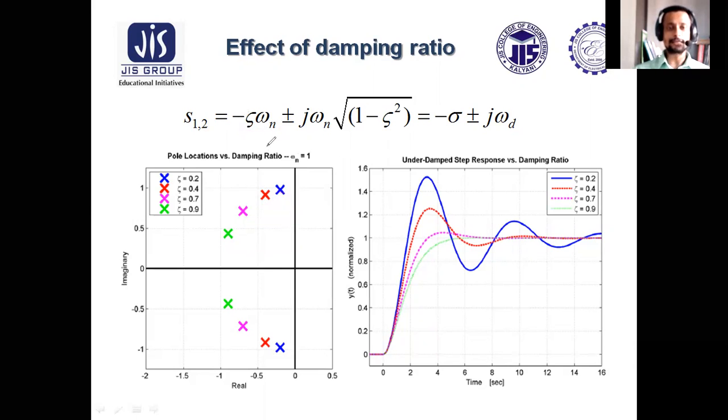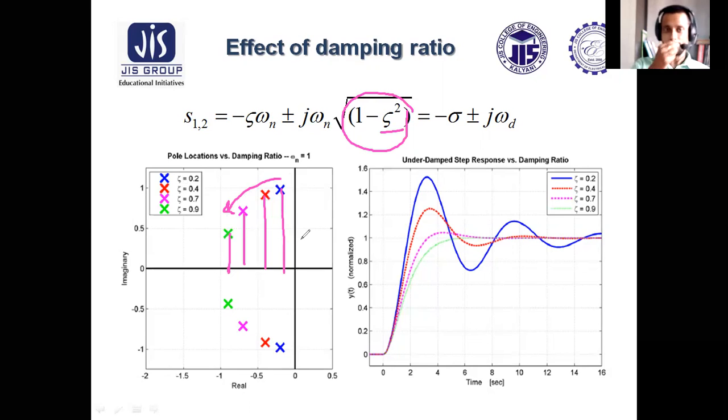Now, if zeta increases, what will happen? If zeta increases, then this term will decrease. If this term decreases, then the imaginary part will decrease. So zeta is increasing in this direction: 0.2, 0.4, 0.7, 0.9. As zeta increases, this imaginary part will be decreasing.